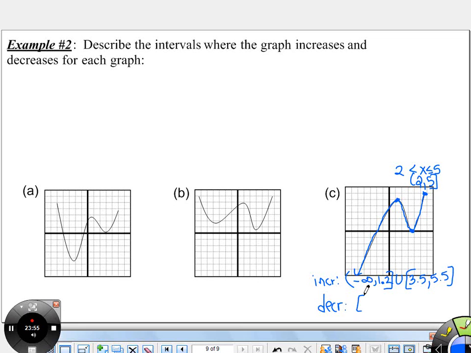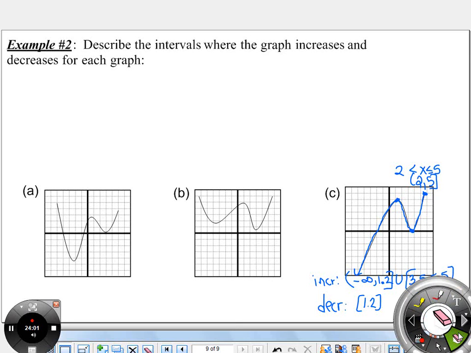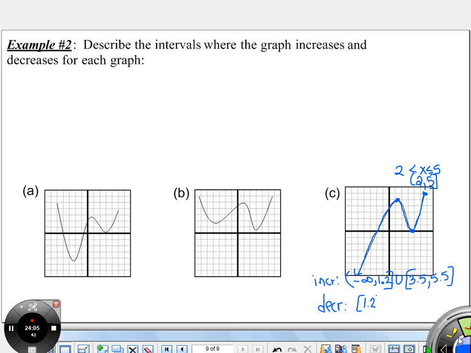So our decreasing is going to be from 1.2, oops, wrong. Sorry, I need to erase. Until 3.5. So two ideas are happening here. Try to check yourself for a minute and see, do I understand both ideas she's talking about? And if not, which one is it that I don't understand?